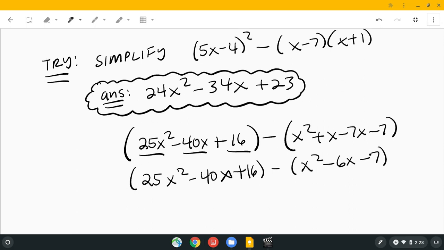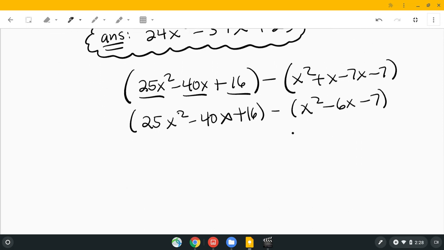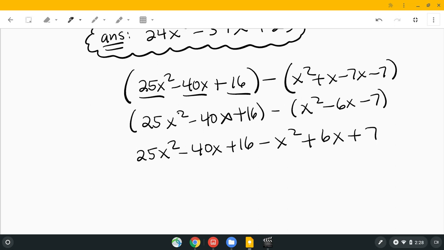Okay, so now I can distribute the subtraction. So you guys can come out of your parentheses. This gets distributed, so that becomes negative x squared. This becomes positive 6x, and this becomes positive 7.